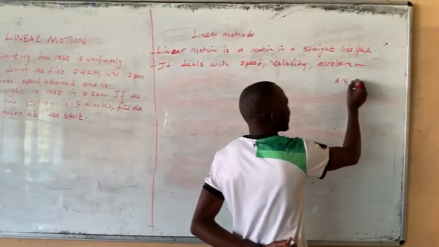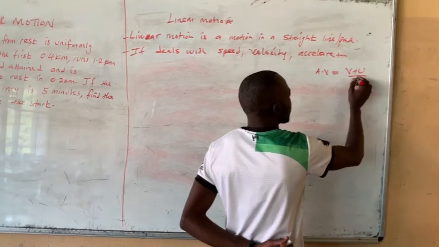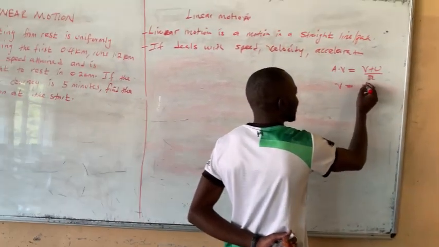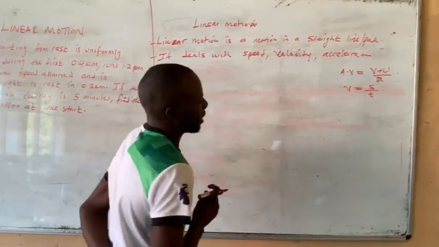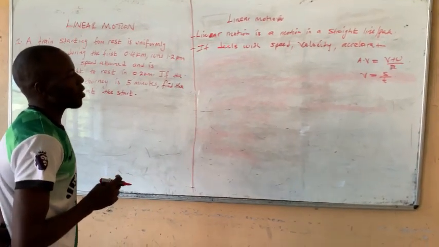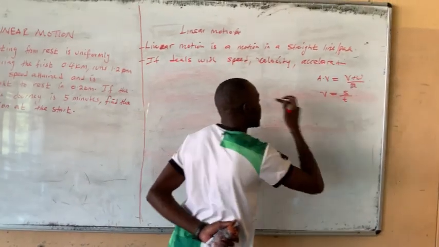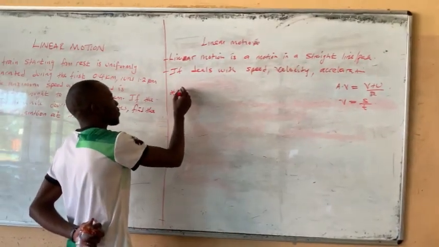Average velocity is v plus u over 2. Then velocity is just s over t, so s is equal to v times t. Let's keep these equations here.